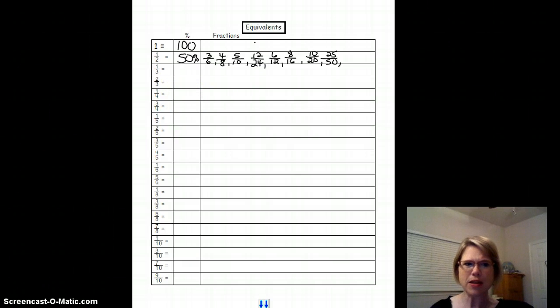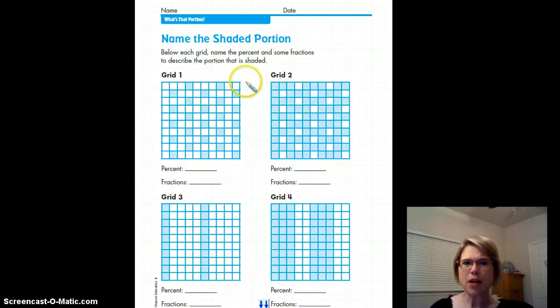The next thing that we want to talk about is this page called Name the Shaded Portion. Okay? So if we count 1, 2, 3, 4, 5, 6, 7, 8, 9, 10, by 1, 2, 3, 4, 5, 6, 7, 8, 9, 10. So let's see, 10 rows of 10 would be 100.